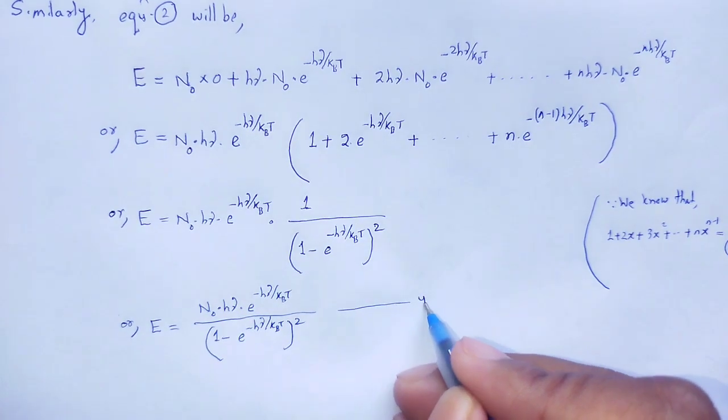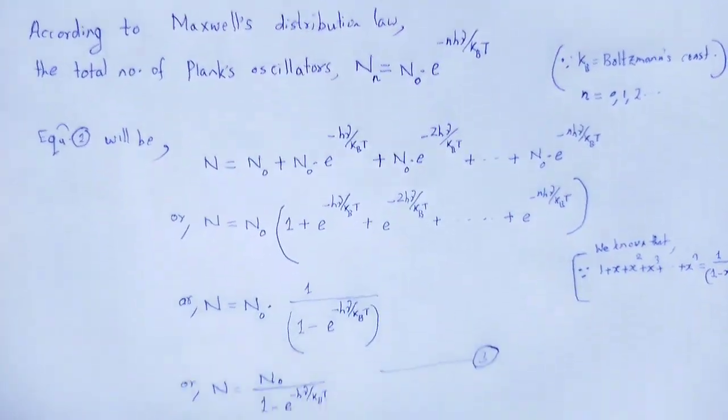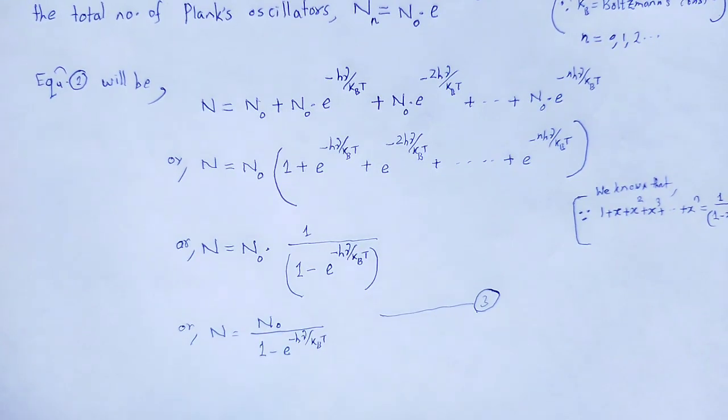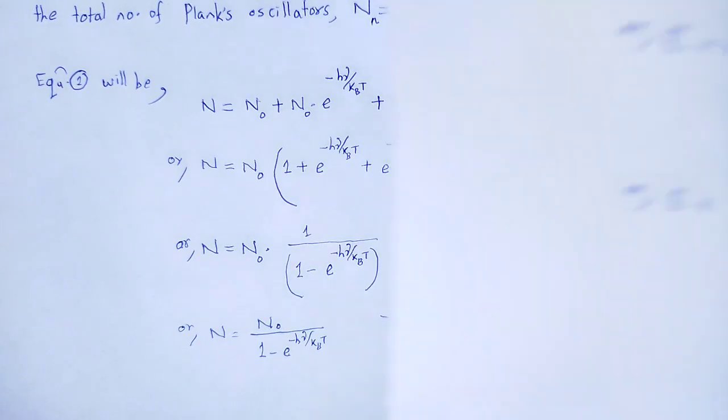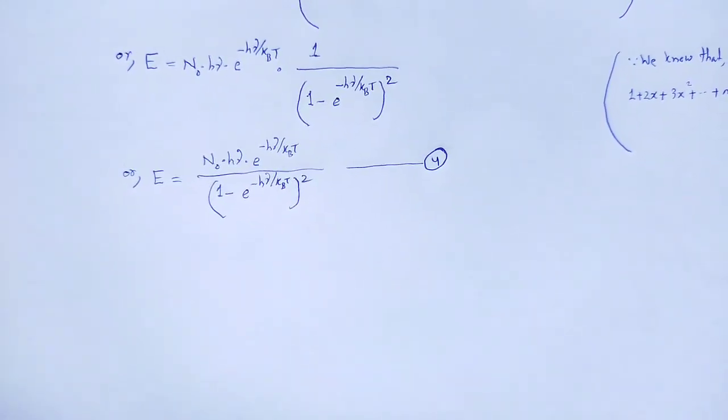That is equation number 4. Now we calculated the total number of such Planck's oscillators and the total energy possessed by these Planck's oscillators.